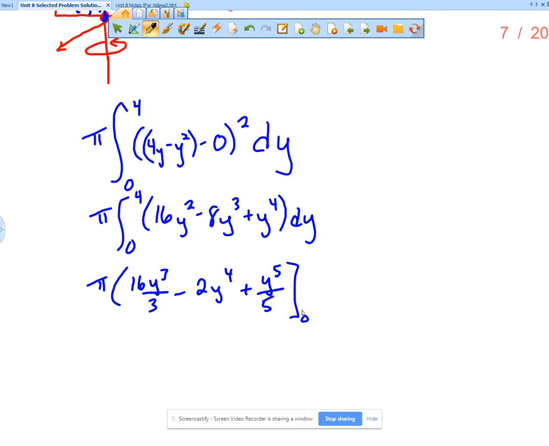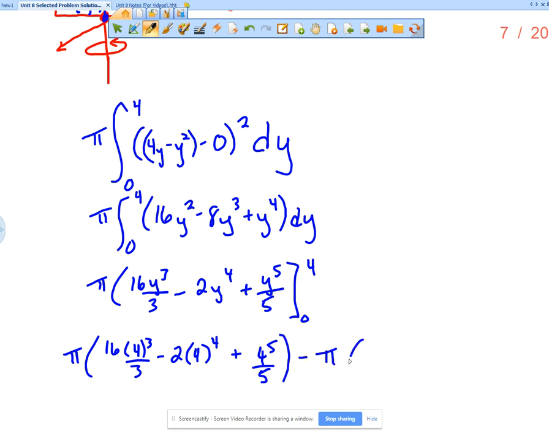Then we evaluate this from 0 to 4, so I get pi times 16 times 4 cubed over 3 minus 2 times 4 to the 4th plus 4 to the 5th over 5, minus the same expression at 0: 16 times 0 cubed over 3 minus 2 times 0 to the 4th plus 0 to the 5th over 5.